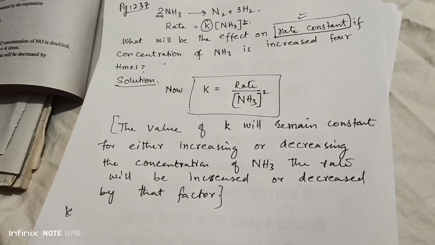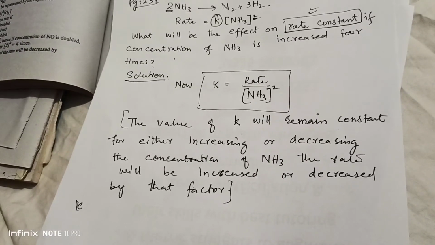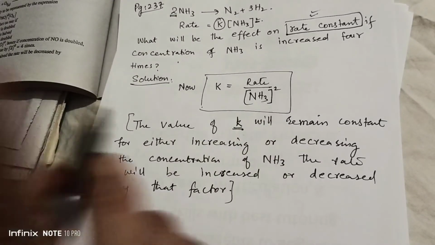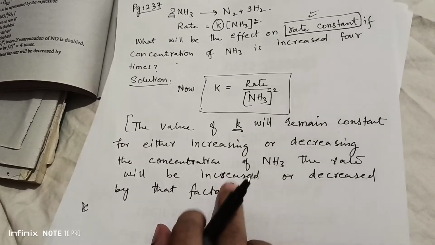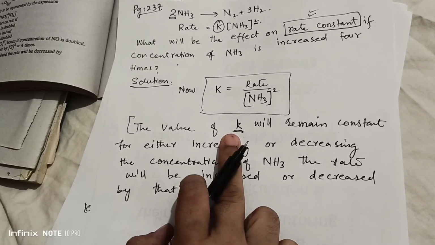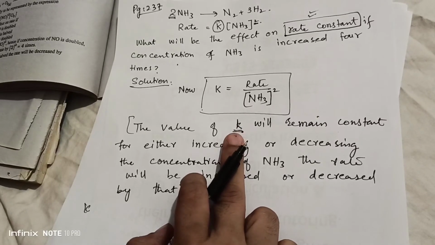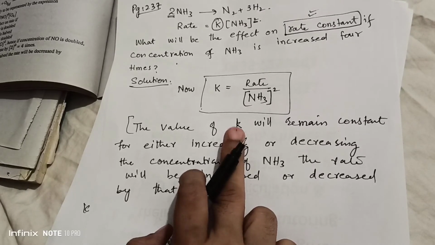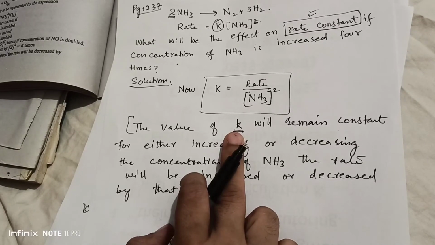This question also comes in the paper: which factor can alter the value of K? There is only one factor that can change the value of K, and it is temperature. Every specific reaction goes on at a certain temperature.